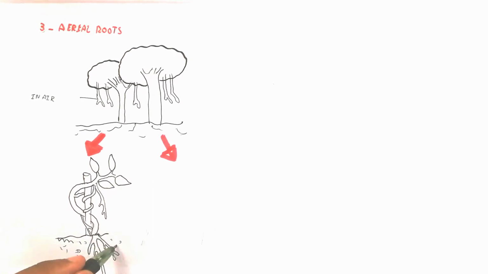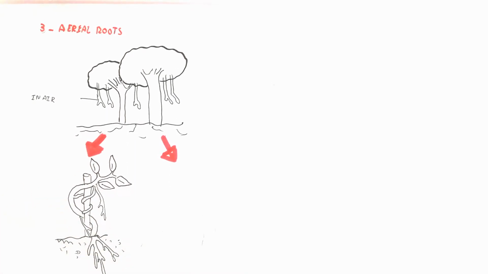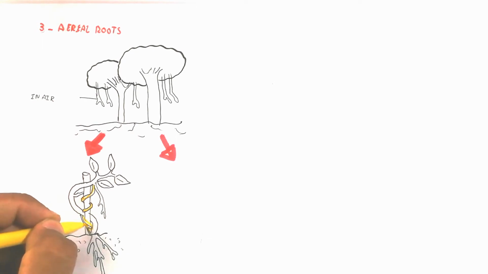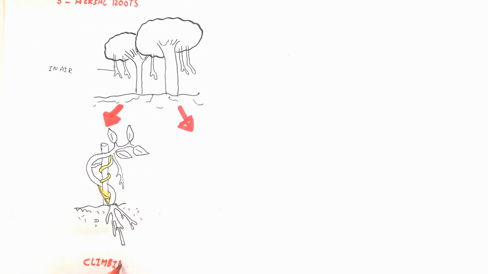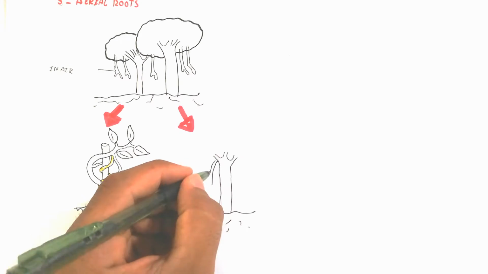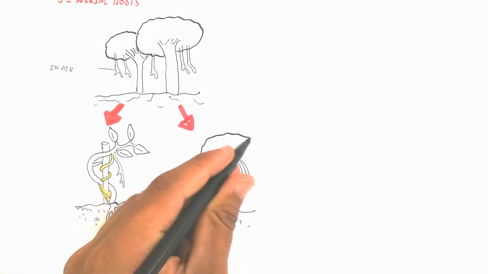So here is the soil root, and the climbing root arises from the stem. The yellow color shows the climbing root. Another is the absorbing root, which we have already discussed.